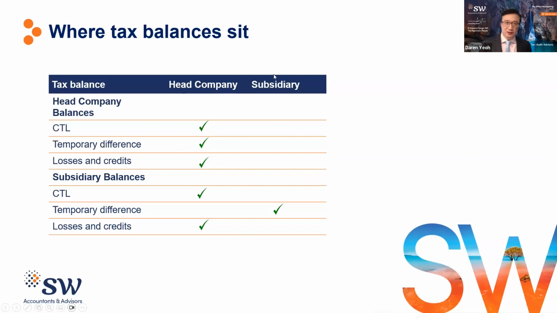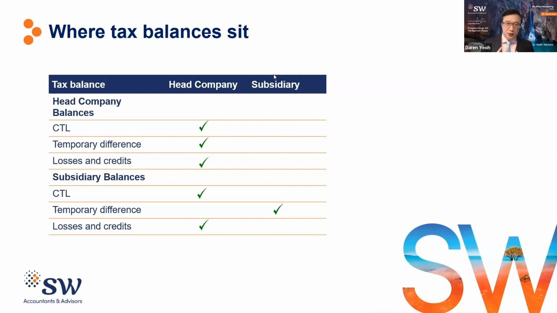A subsidiary does its own calculation, so it has its income tax expense, deferred tax assets and liabilities on its temporary differences, deferred tax asset on its losses if relevant, and its current tax liability in its trial balance initially, if relevant.